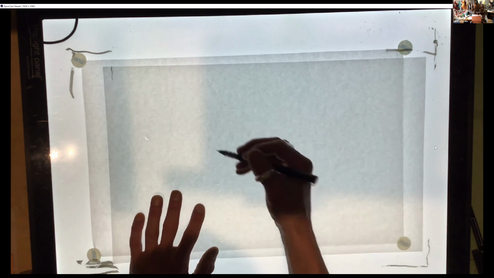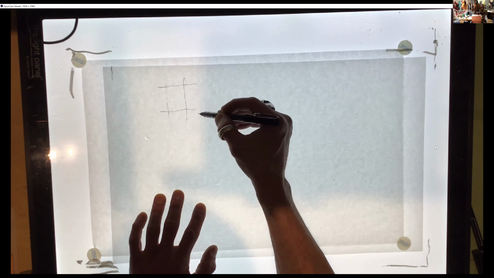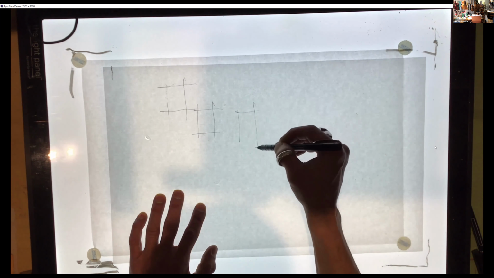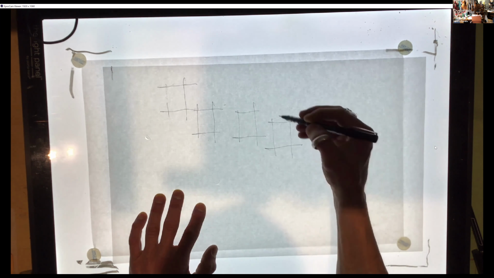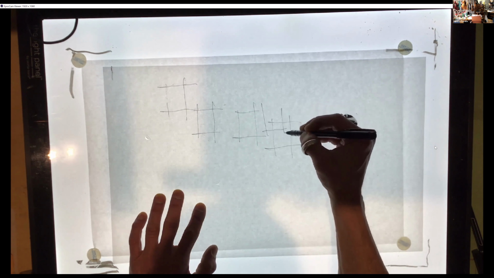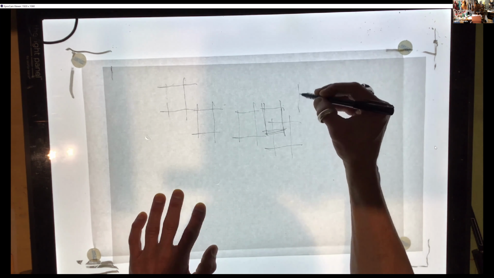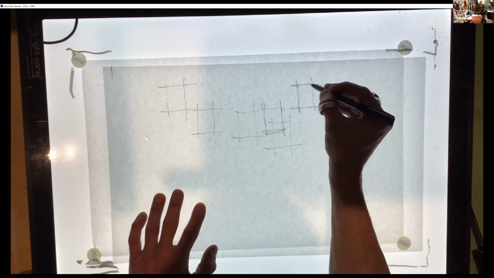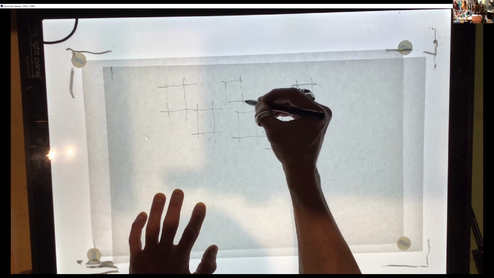One of the ways I warm up to this thing is to just sort of draw some rectangles. Try to draw rectangles about the same size. So you get comfortable.